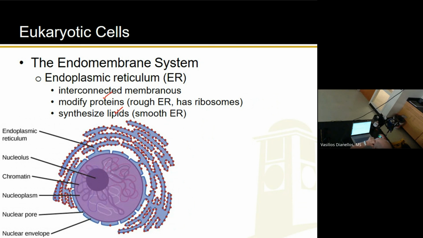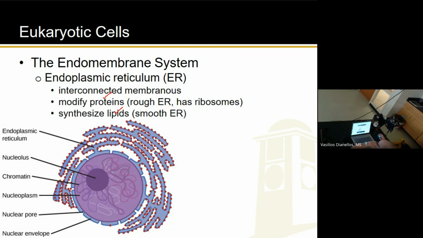Which one synthesizes lipids, rough ER or smooth ER? But again, for this exam, not important. And again, we're going to have a whole chapter on how proteins are made, how they're modified, all these things. All right, so any questions about this?